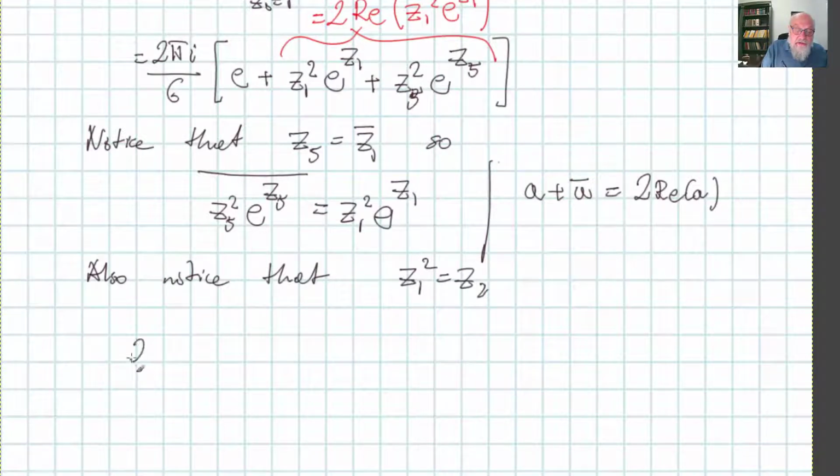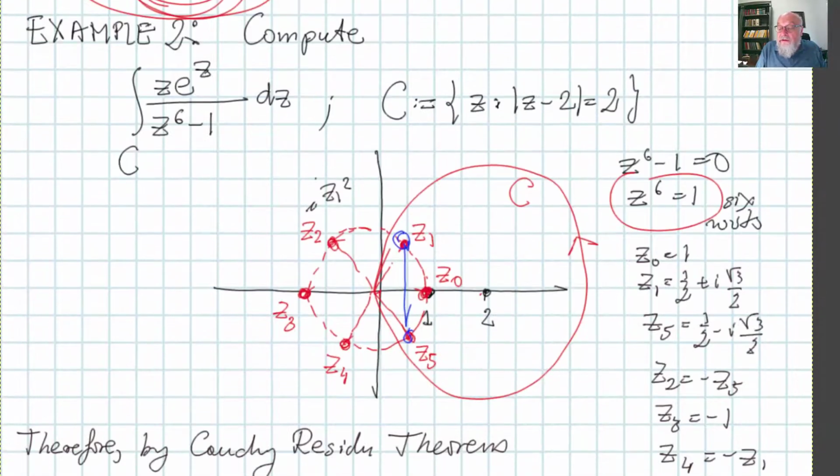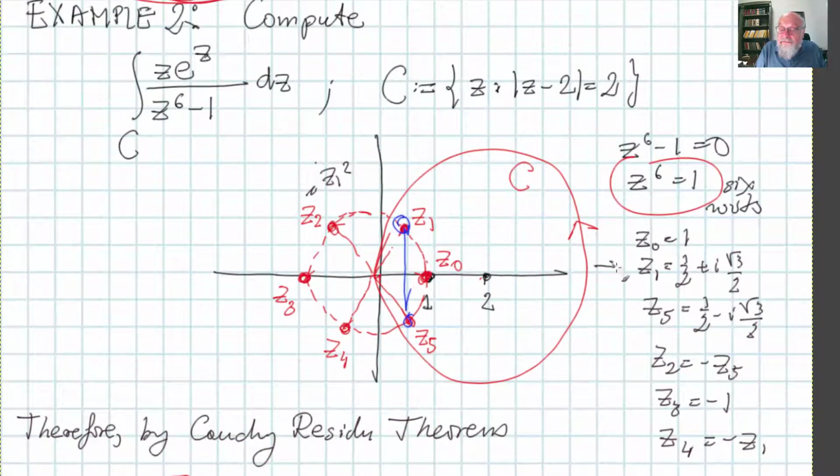So let's write it down. 2 times the real part of Z1 square e^Z1 will be equal to. So remember, Z1 was, actually I don't need to remember it, it's already written here. See? This is my Z1. This is my Z3.